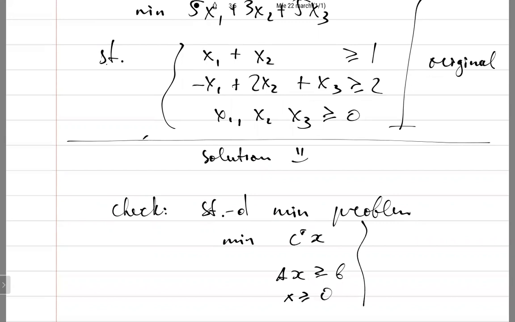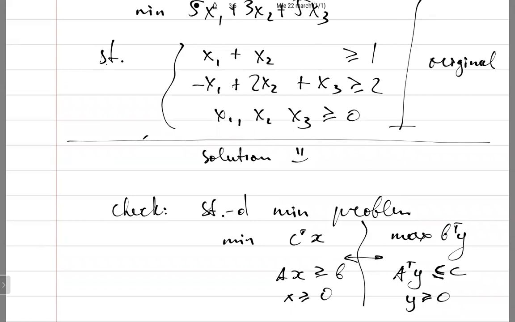So when I go to the dual, I create a maximization of B transposed Y, subject to A transposed Y is less than or equal to C, and all variables are non-negative.